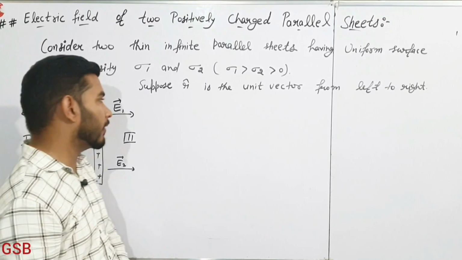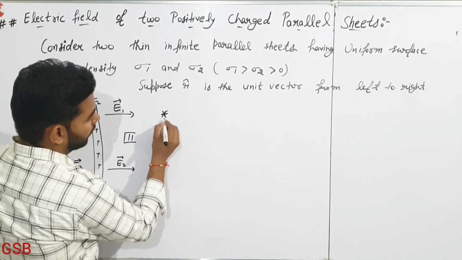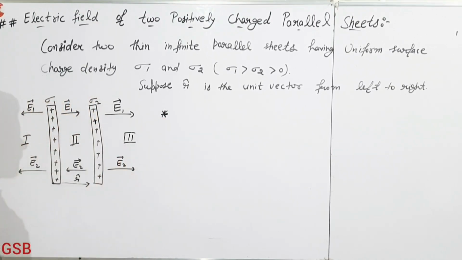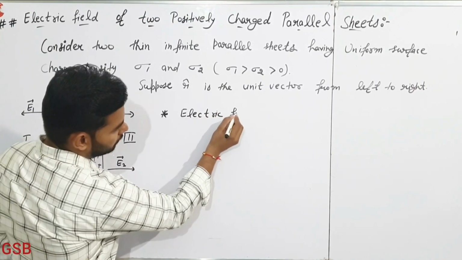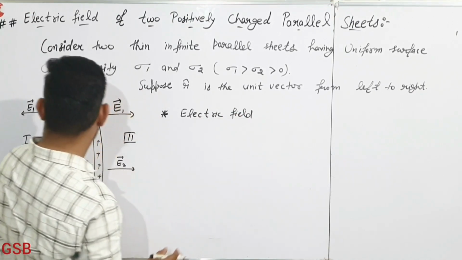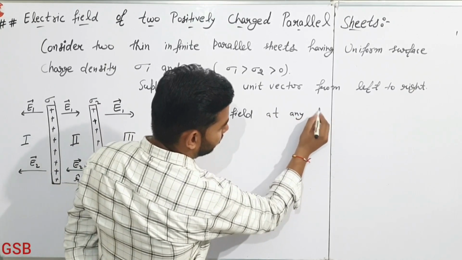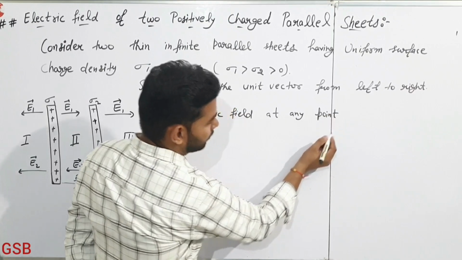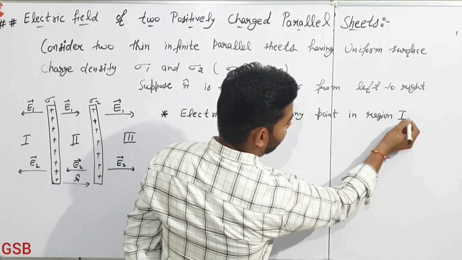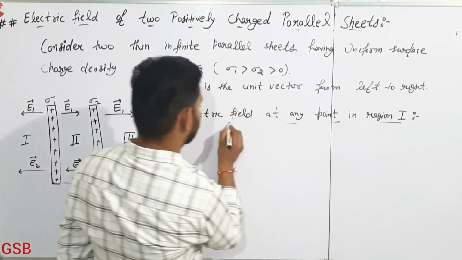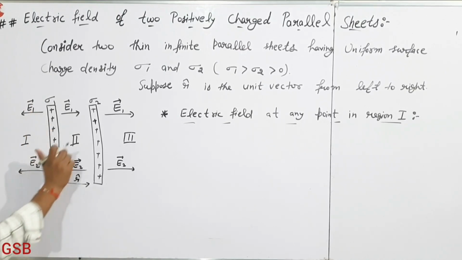ये हम कंसीडर कर सकते हैं. Okay, now write the resultant region-wise. Electric field at any point in region first. फर्स्ट रीजन में इलेक्ट्रिक फील्ड जिस तरह से रिप्रेजेंट होगा. ओके, फर्स्ट रीजन में E1 और E2 दोनों एक ही डायरेक्शन में.